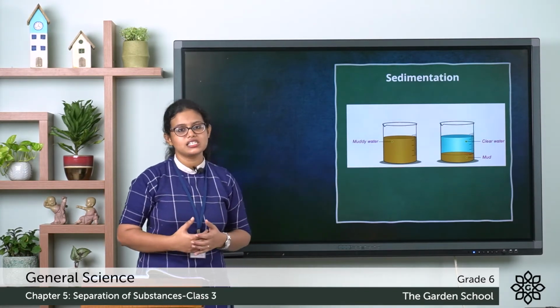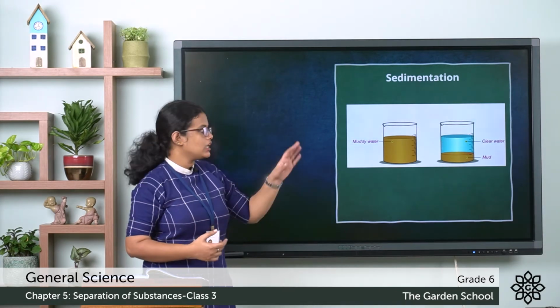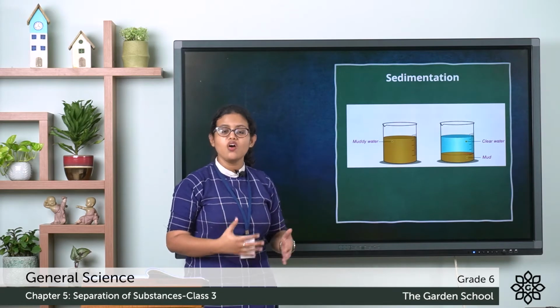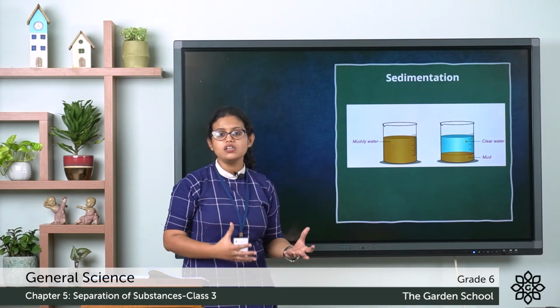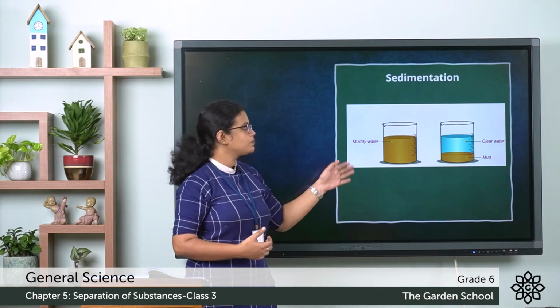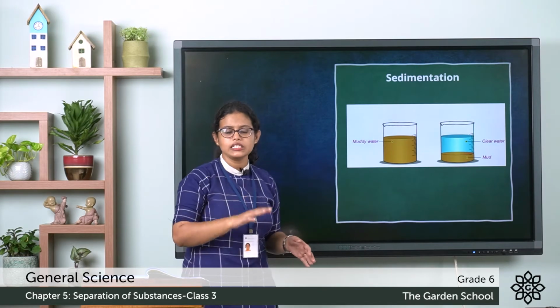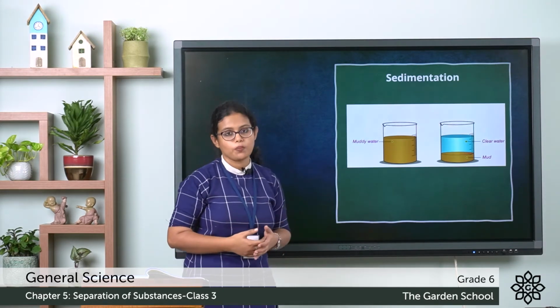Let me explain the process once more. Here you can see the mixture of mud and water. If you keep this mixture undisturbed for some time, you can see the heavier particles get settled down at the bottom and the water on top of it.